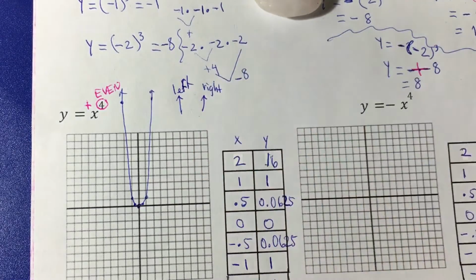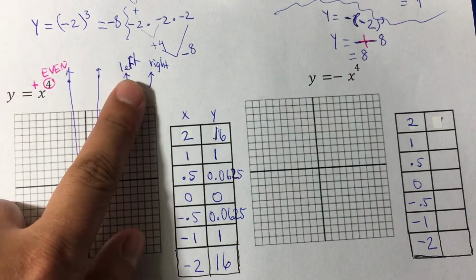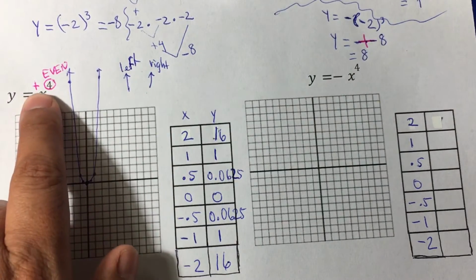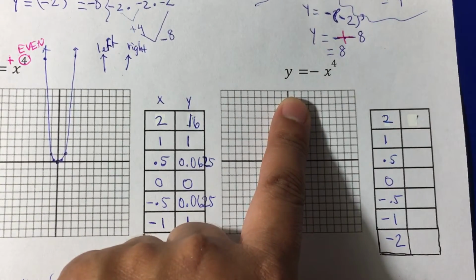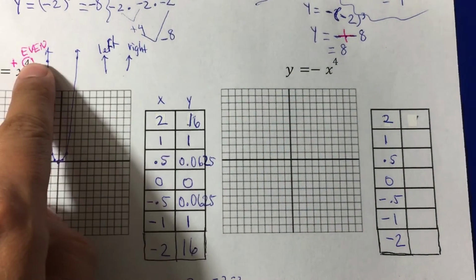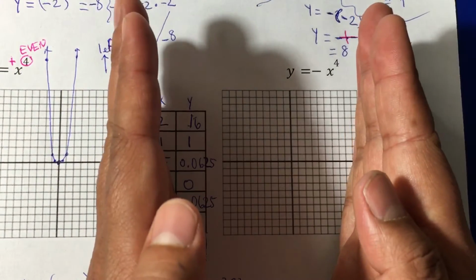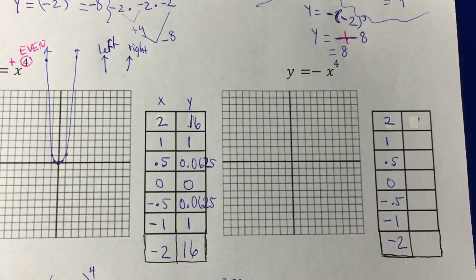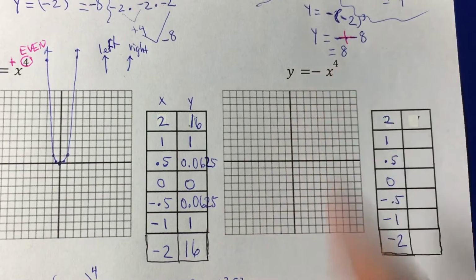I hope that you're seeing a pattern here. If it's even, both are pointing in the same direction. If it's positive, they both go up. If it's negative, they will both go down. Okay, with even, both the same. So a negative coefficient, both go down if it's even.